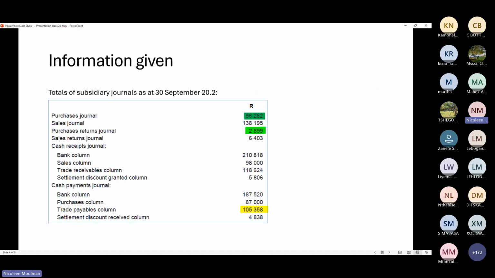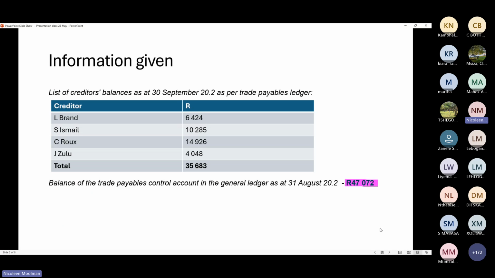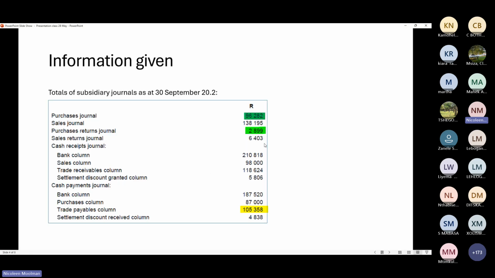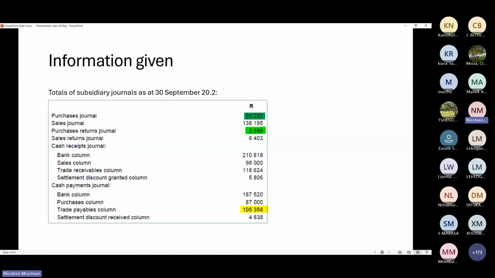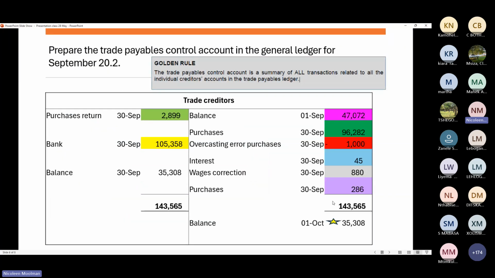If we just look at the information given, you can see here the total at the moment is 35683, but that list is incorrect and incomplete. We're going to fix it now in the next required section so that it agrees back to the 35308.